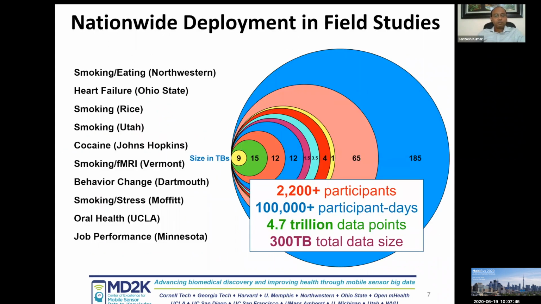We have been fortunate to have some of these markers deployed nationwide in various scientific field studies by health researchers. What we show here is a subset of those studies and the size of the data sets that we have collected. And as I'll describe, this journey has not concluded; we are still continuing to make progress.